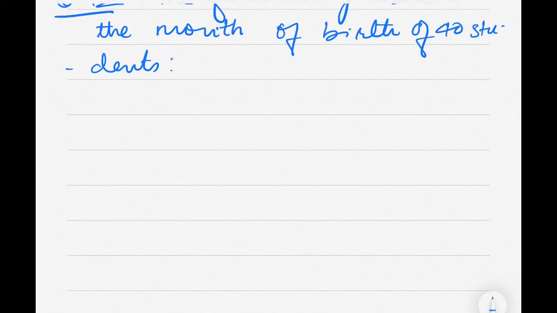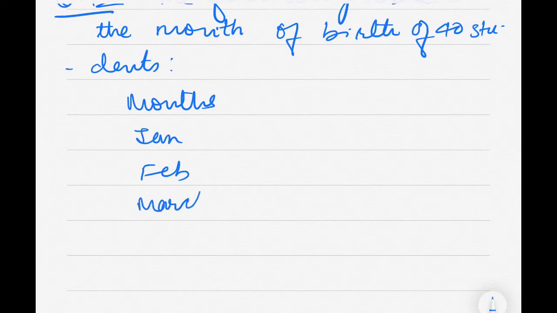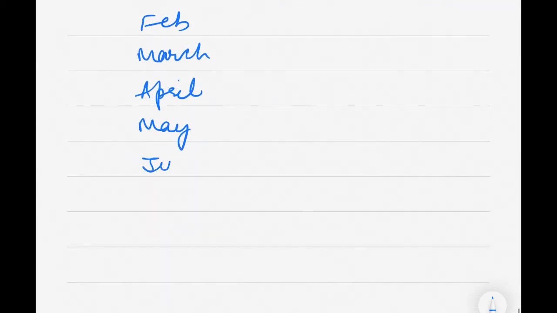Okay, so now shall I make the table? The table will have months here, and we have January, February, March, April, May, June, July, August, September, October, November, and December.